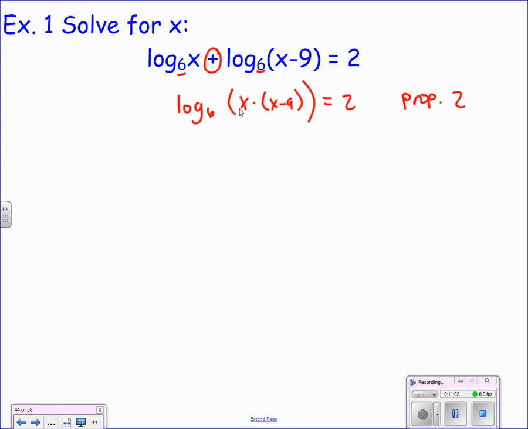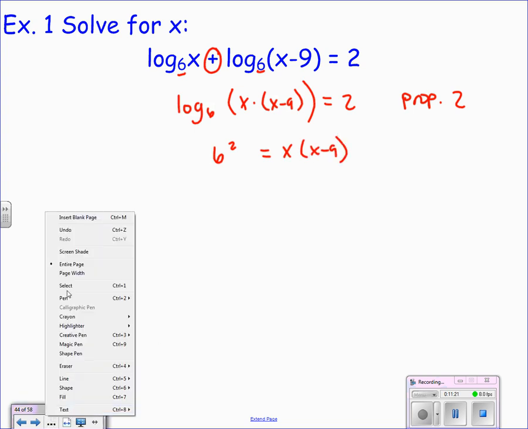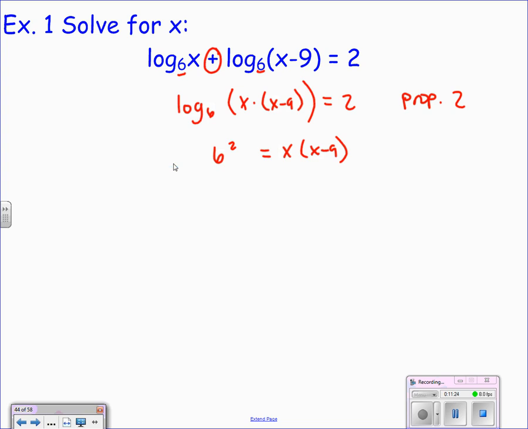I then want to write it in its equivalent form, so exponential form, to get rid of my logs. So that means 6 to the second power is equal to x times x minus 9. So this is in exponential form.